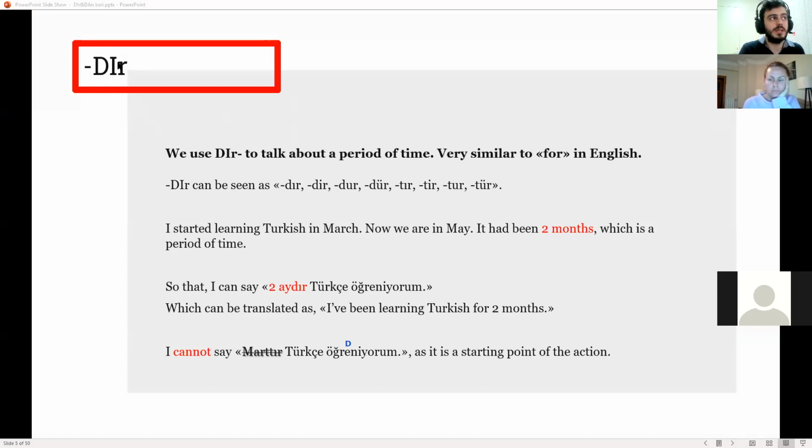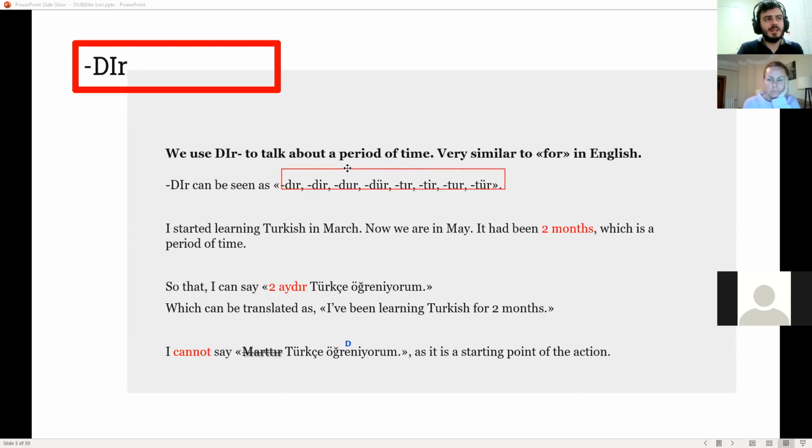I also have the I-type vowel harmony, which gives me four options. So in total, I have eight options for this one. I can say dır, dir, dur, dür, and I have tır, tir, tur, tür. It all depends on the word that we have previously.